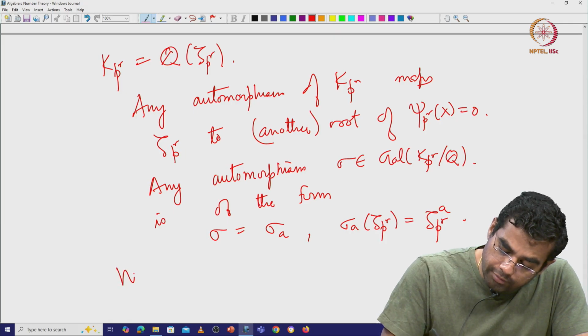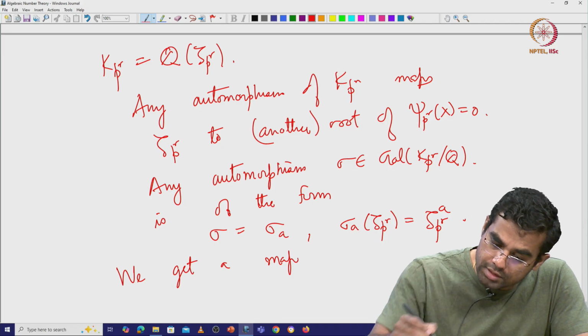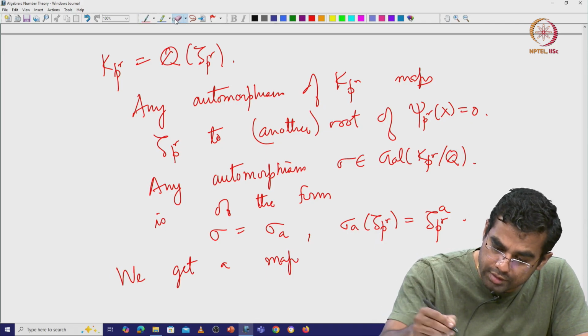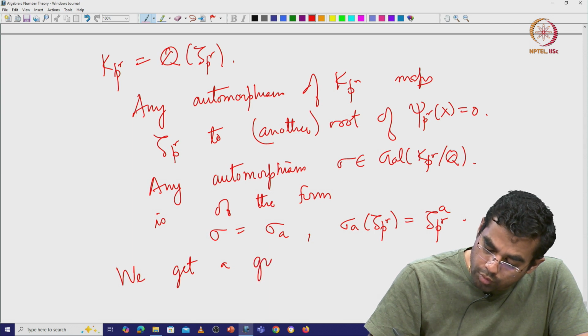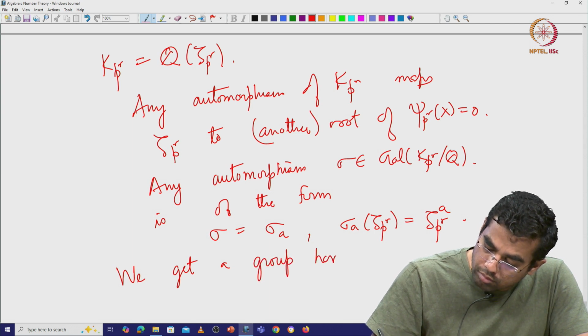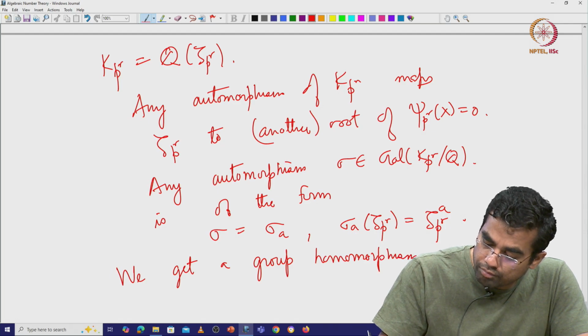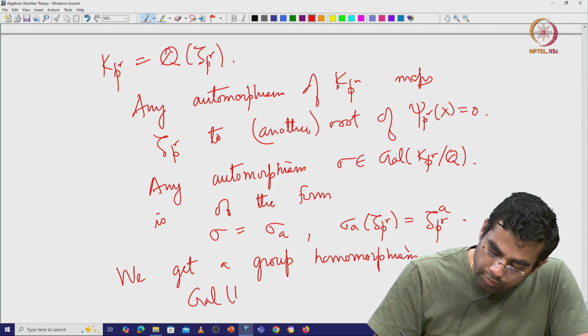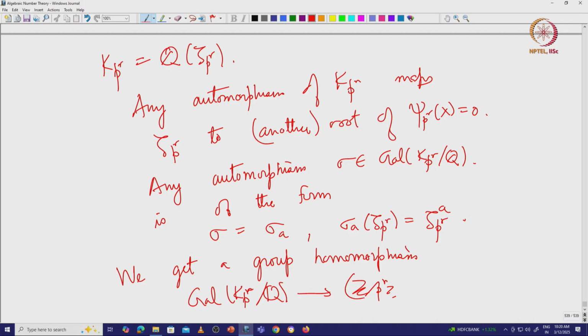And so, we get a group homomorphism from the Galois group of k p to the r over Q into Z mod p to the r Z cross.